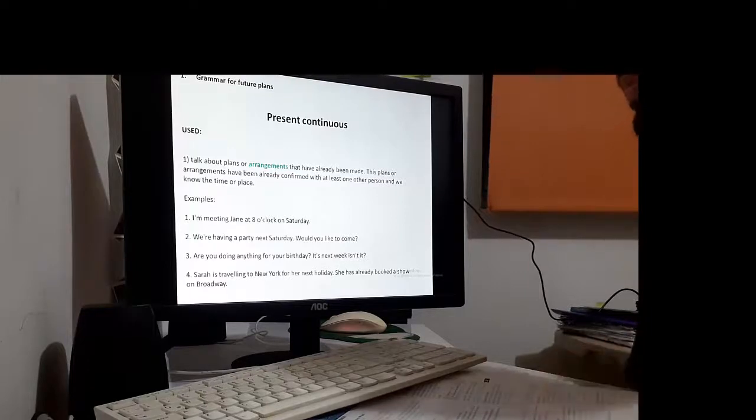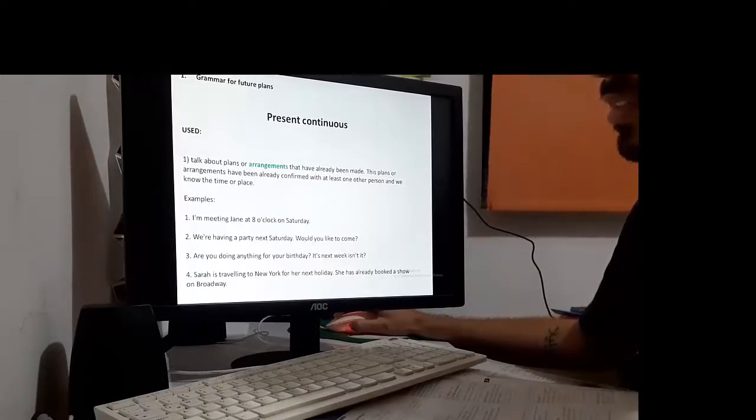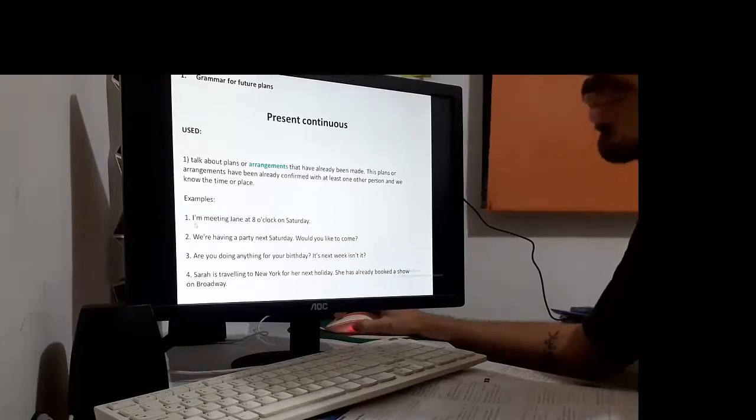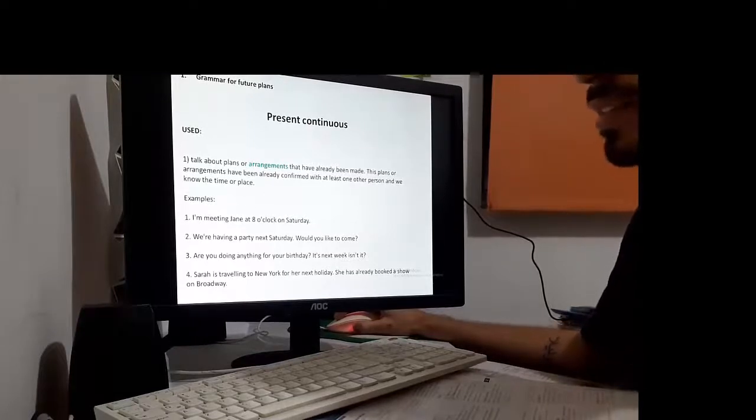For example, here we have these sentences, in which one person talked to another about a plan. Here we have this example: I am meeting Jane at 8 o'clock on Saturday.